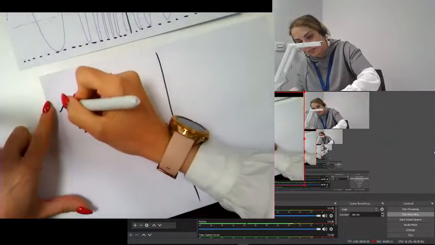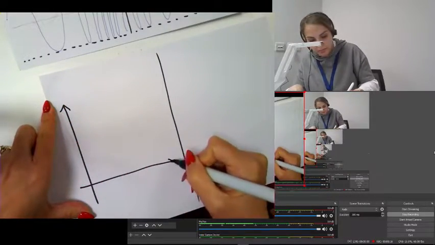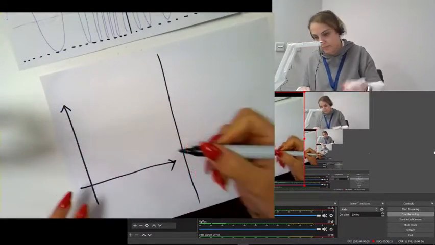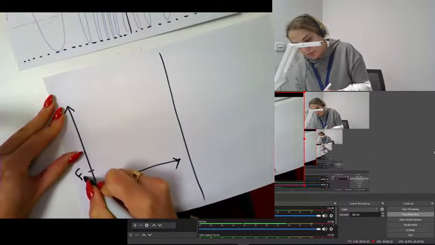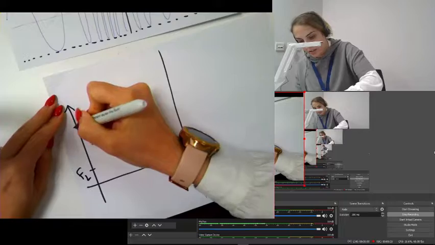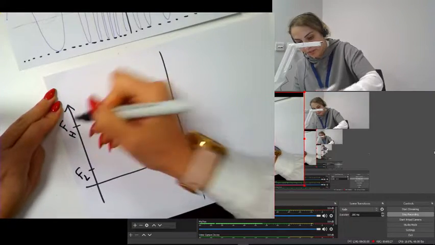So I will have this diagram here. This is my F low and that is my F high.